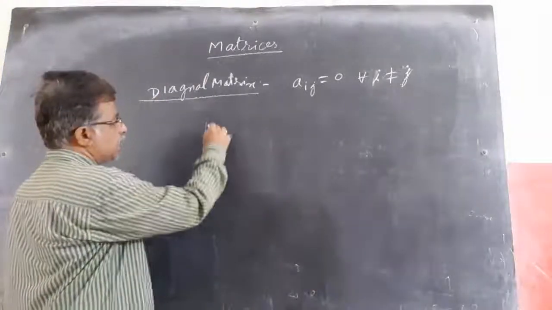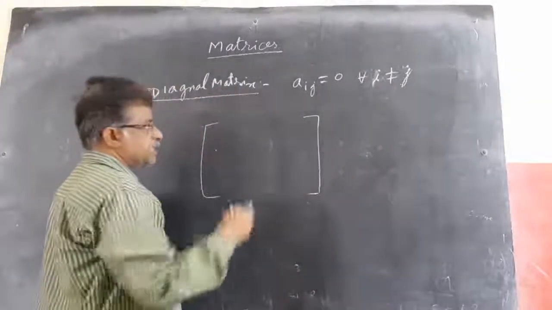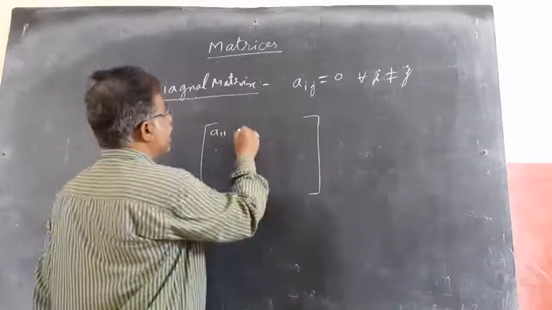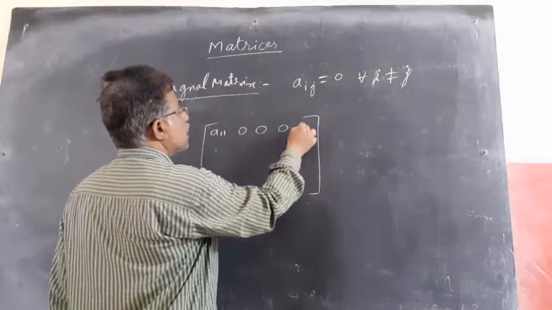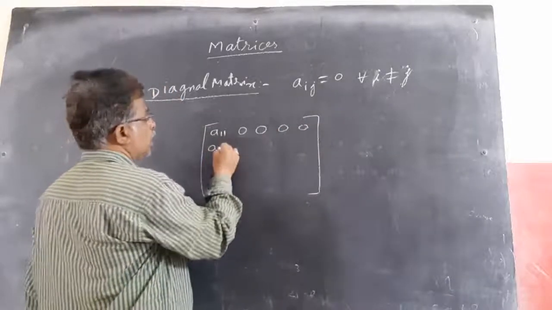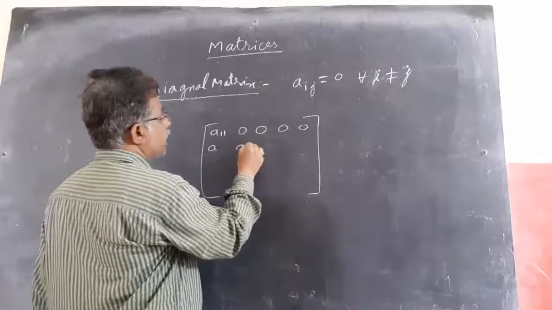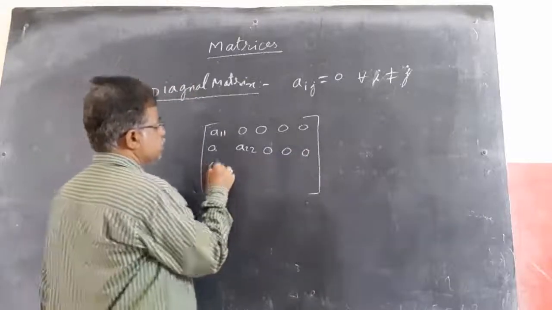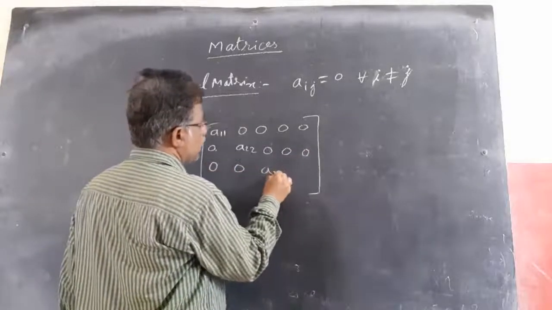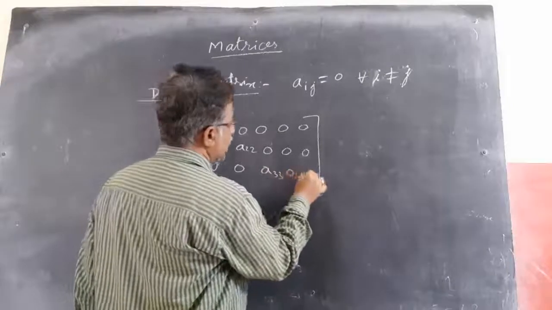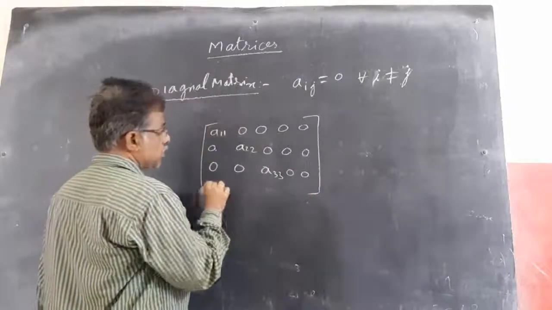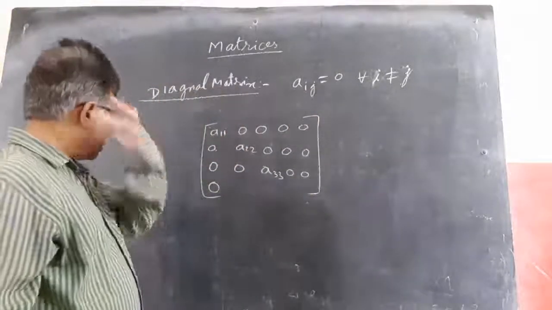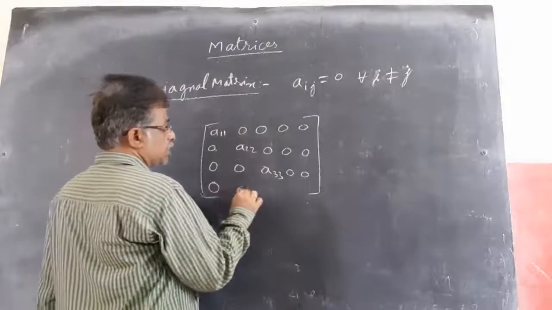What are diagonal elements? Diagonal elements are like A11, where i equals j. The remaining elements should be zeros, like this: A11, 0, 0; 0, A22, 0; 0, 0, A33. The i equals j entries are the diagonal elements, and the remaining elements are zeros, meaning Aij equals 0 if i is not equal to j.